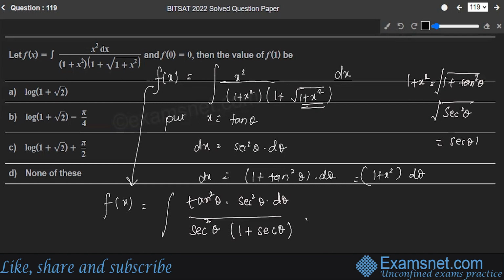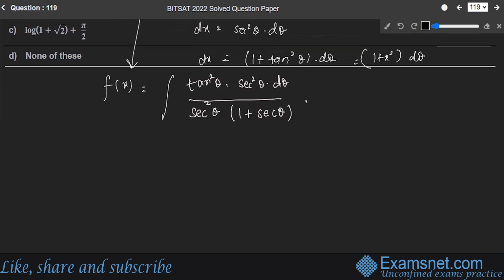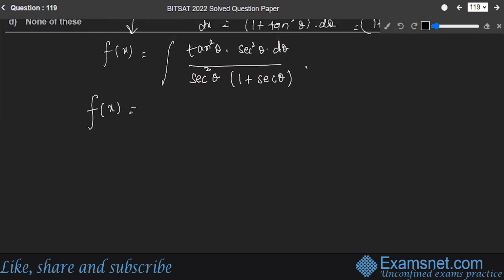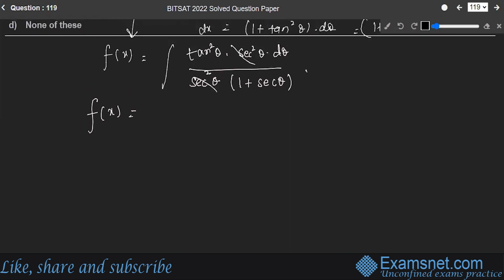Now f(x) is equal to, here these two things will cancel, and you will have the integral of tangent square theta upon (1 plus sec theta) into d theta.